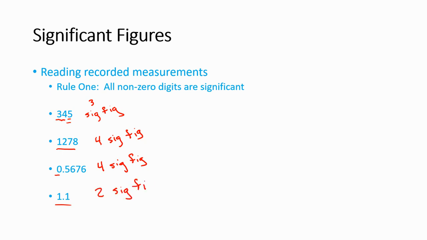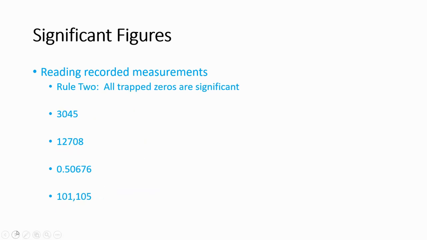Easy enough, right? The next rule is our first rule that involves zeros. We're looking at what are called trapped zeros. These are zeros that show up in between two significant digits, or in most cases, two non-zero digits, although there are exceptions to that.